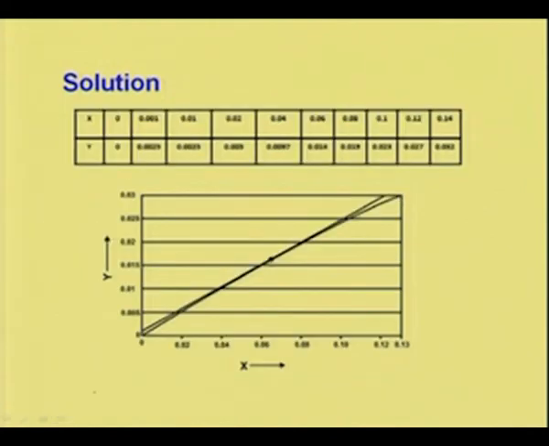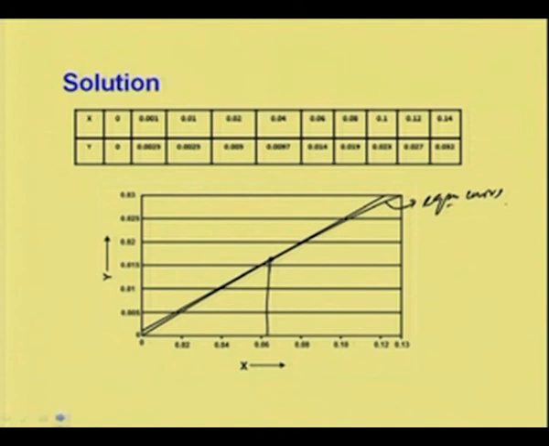Then we take the xy equation as given. So, this is the equilibrium data and this is the equilibrium curve, and we know the point at the bottom of the tower, and then we plot with the slope and it touches at this point.